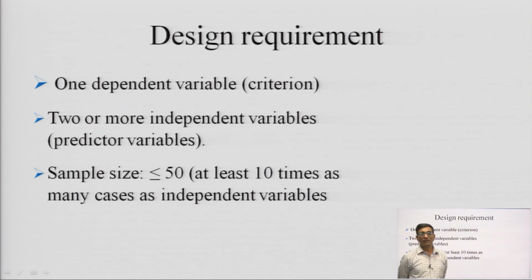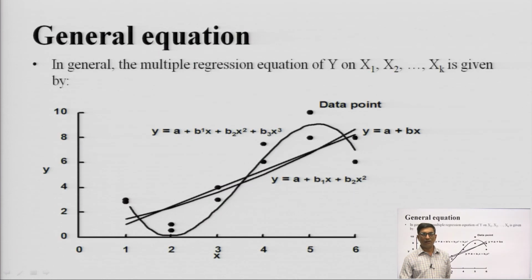The sample size would be 30. So the important thing is that the sample size is generally less than or equal to 50 and at least 10 times as many cases as independent variables.